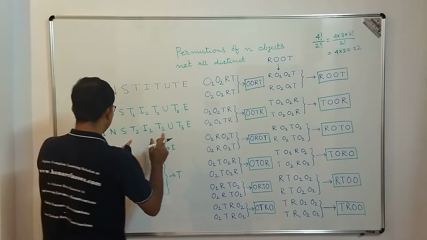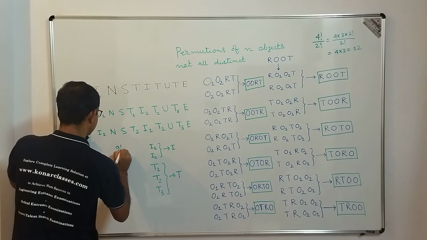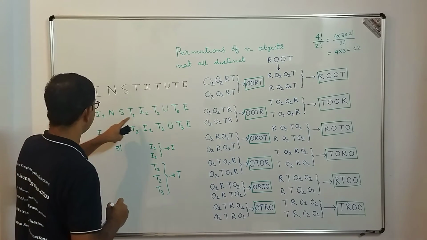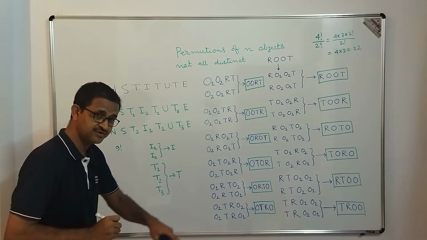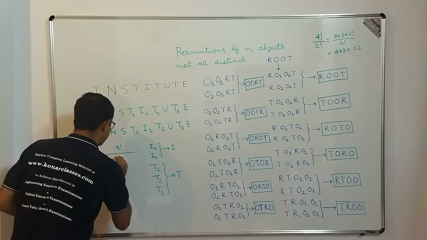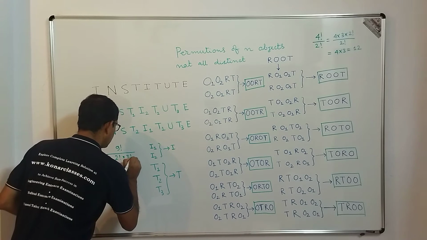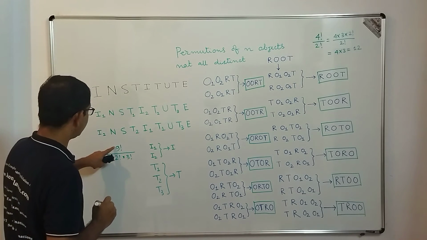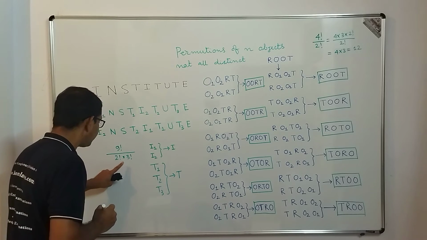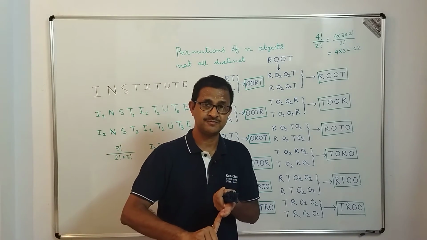So out of this 9 factorial, which is the total number of arrangements if we keep I1, I2, T1, T2, T3 different, this many arrangements are exactly the same. So we should divide factorial 9 by factorial 2 into factorial 3 to get the required number of arrangements.